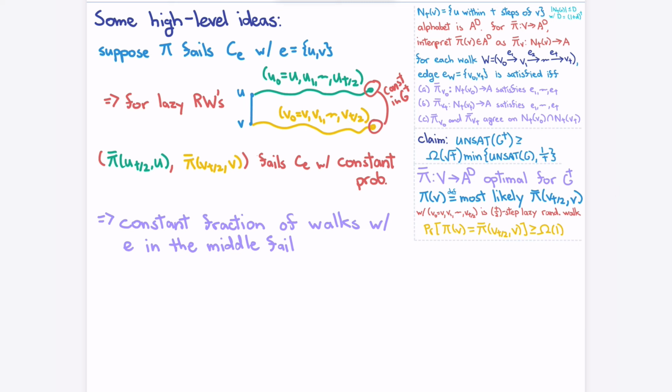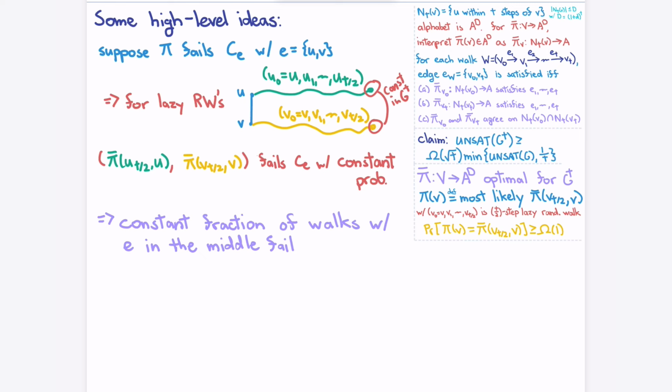Okay, so what's the intuition? Given your assignment of letters, which is this majority opinion based on T over 2 step random walks, now let's say that I have 2 variables U and V, where that induced letter fails the constraint in between them. So the majority vote letter fails the constraint.